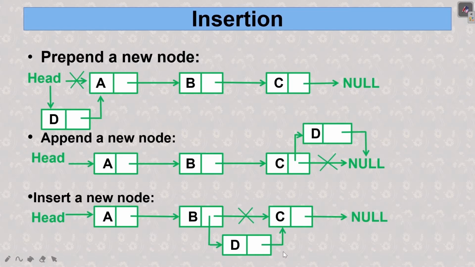Because if we link the nodes B and D firstly, we will lose the address of node C, right? So firstly we have to link C and D, okay. Then we have to link B and D, okay. Cool.